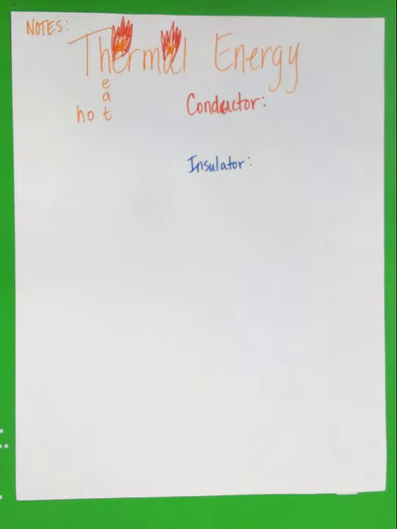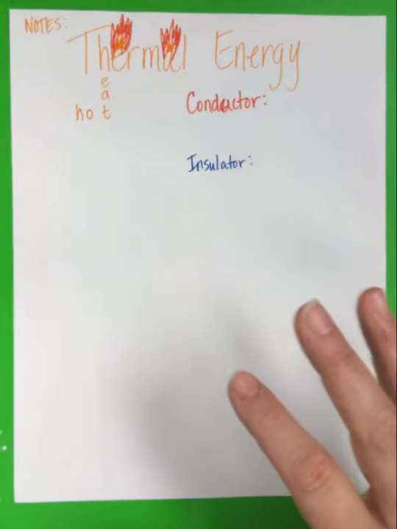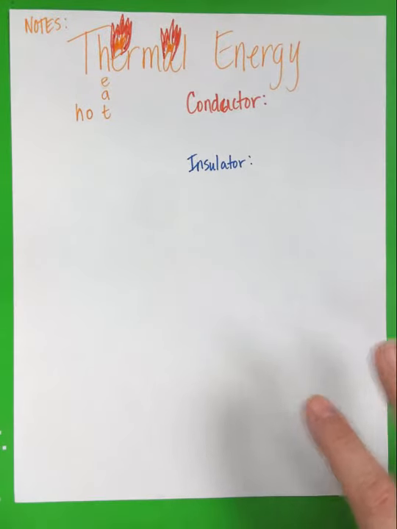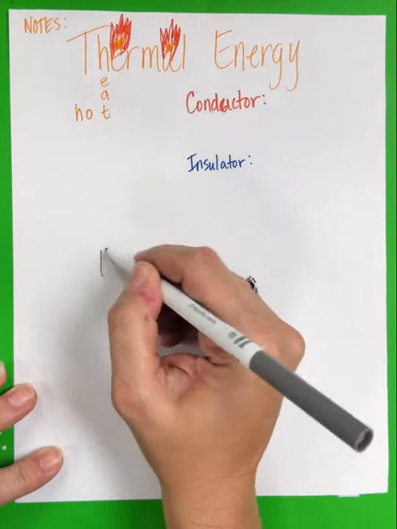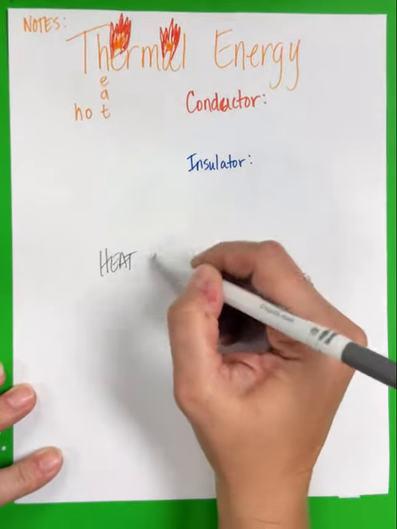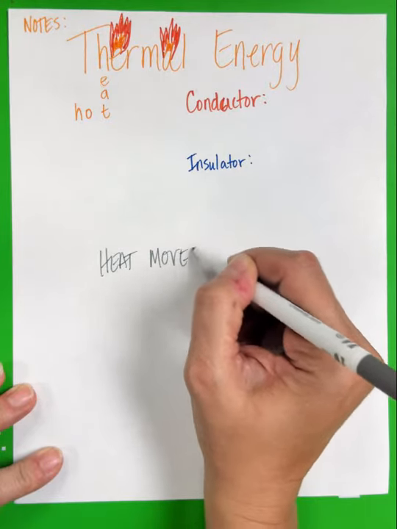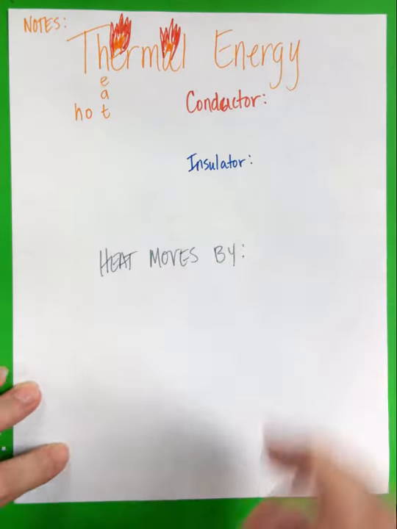Now, we have said that thermal energy is the movement of heat. And anytime you hear the word thermal, you automatically think heat, right? Now, however, heat moves differently. There's 3 of them.